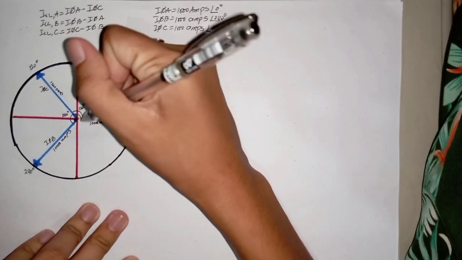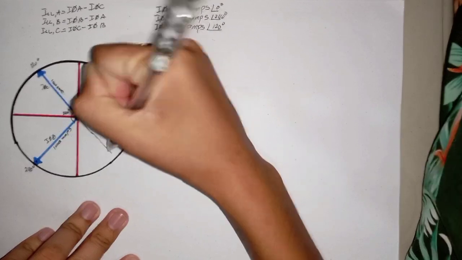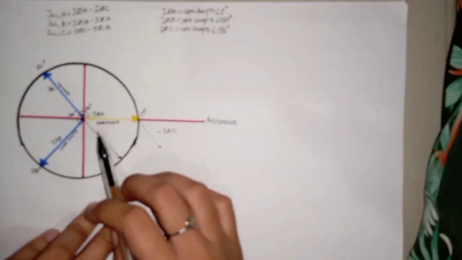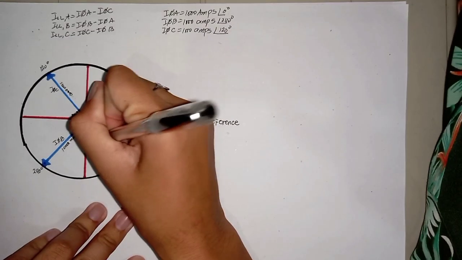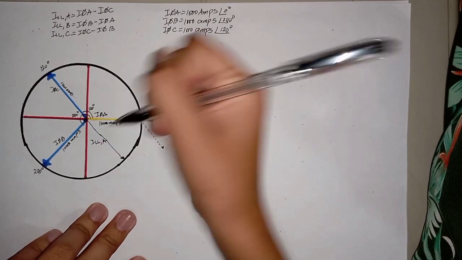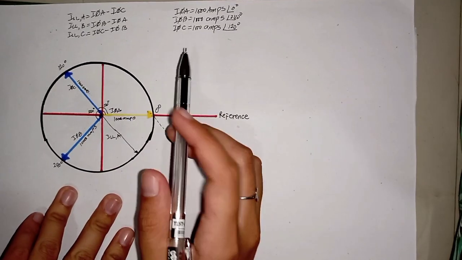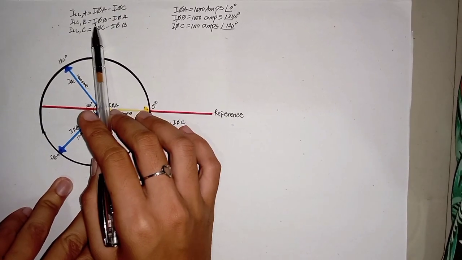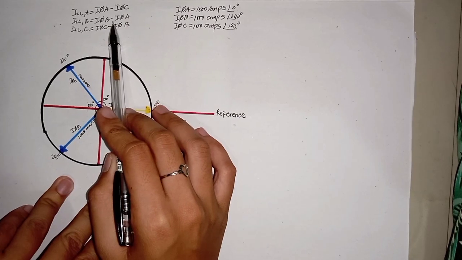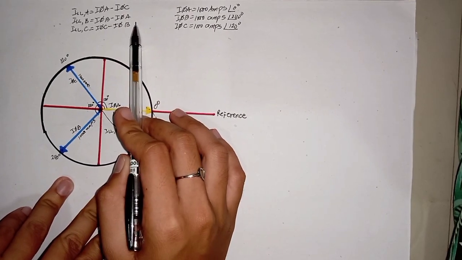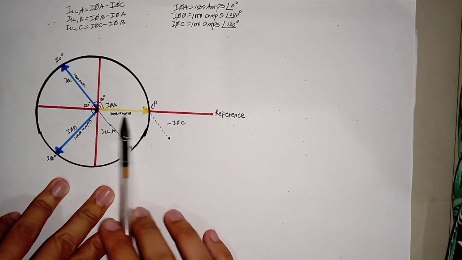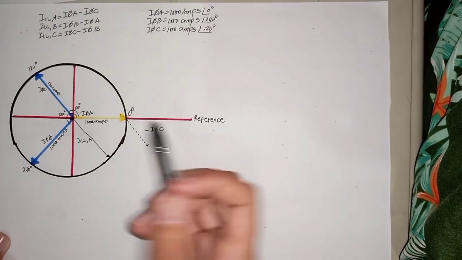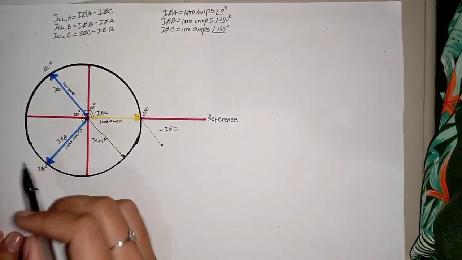So this would be our line-to-line current A. Our second equation is line-to-line current B equals phase current B minus phase current A. Since this is our positive A, the opposite would be our negative. So let's put the negative phase current A here.